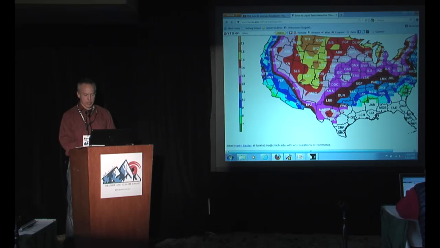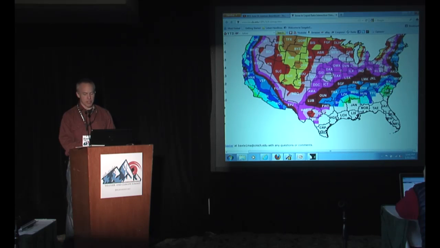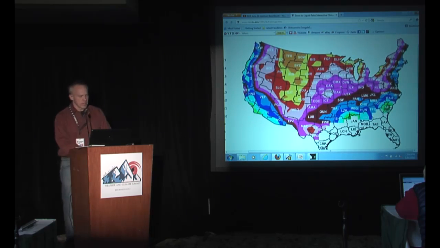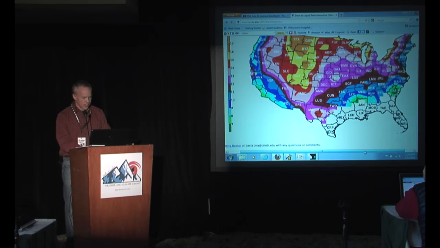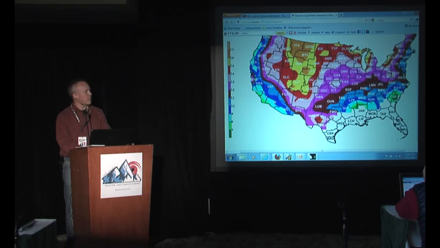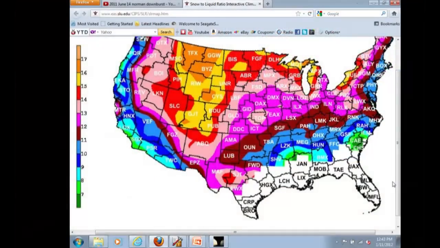Actually, it's getting reliable again, but it's totally different observing networks. Let me try scaling this so you can see the color bar. Okay, how does that fit for you? Yeah, that's pretty close.